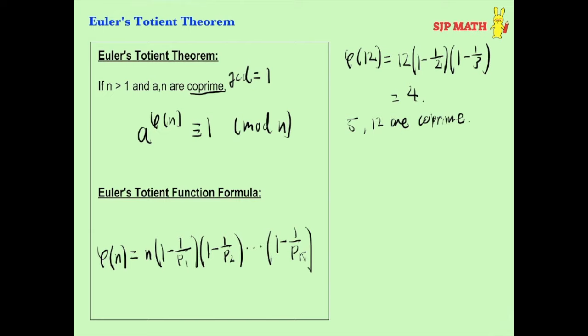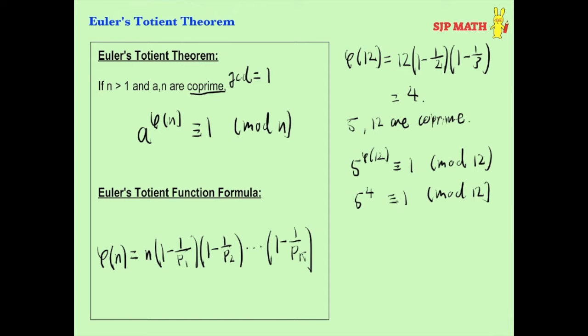Okay, 5 and 12 are coprime, and so that means that by Euler's totient theorem, 5 to the power of totient of 12 will be congruent to 1 mod 12, right? Then 5 to the power of 4 is congruent to 1 mod 12, because we just found that the totient of 12 is equal to 4.